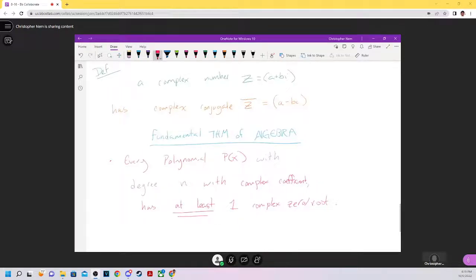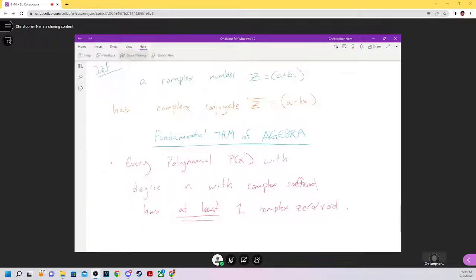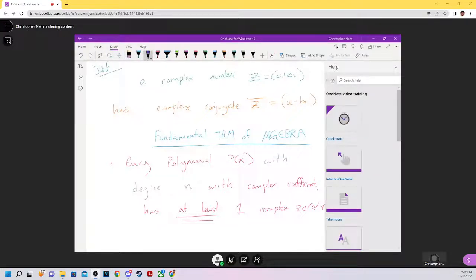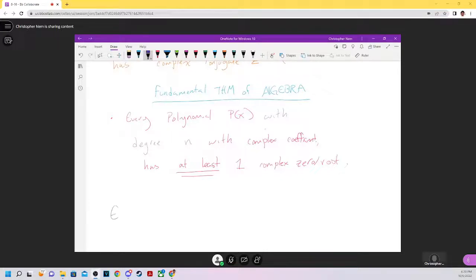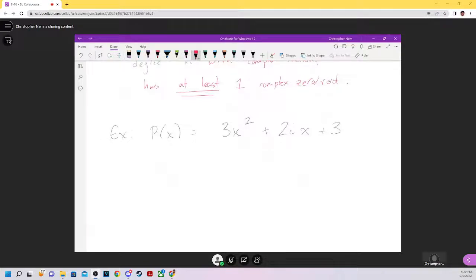What that means is that, hey, for an example, it's going to be very easy to just describe this. Oops, I think I froze. Draw. There we go. Example, let's say we have P of x equals 3x squared plus, we can even use complex numbers in our coefficients now. I'm not going to go into this idea, but I'm just going to show you briefly. That's for a complex analysis course if you want to take that.